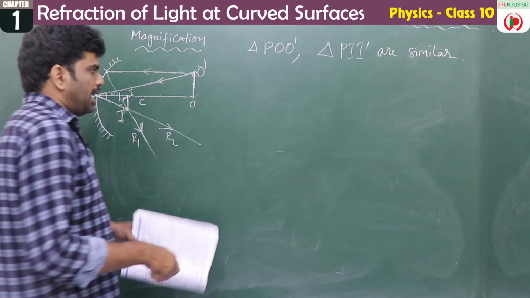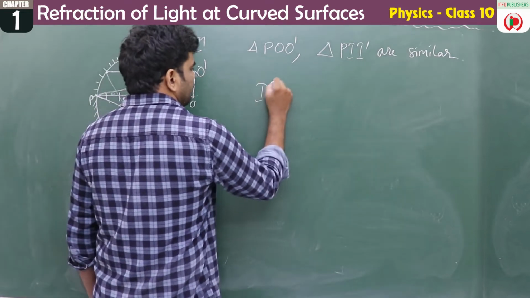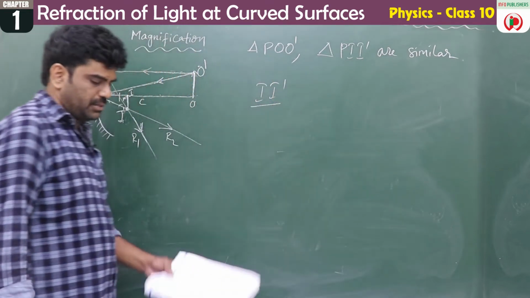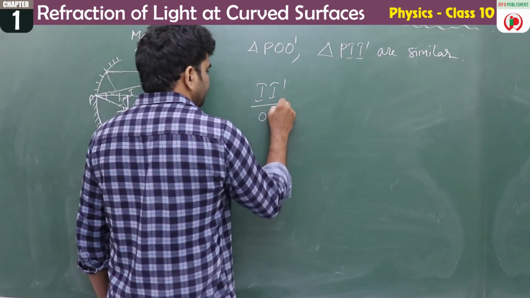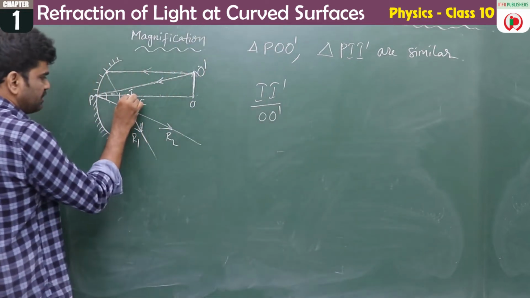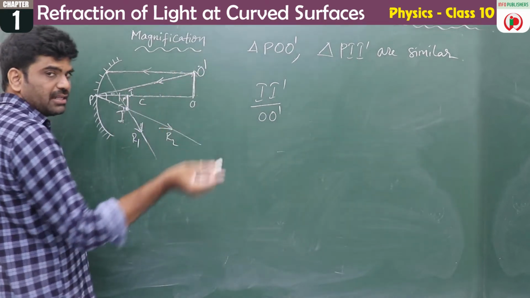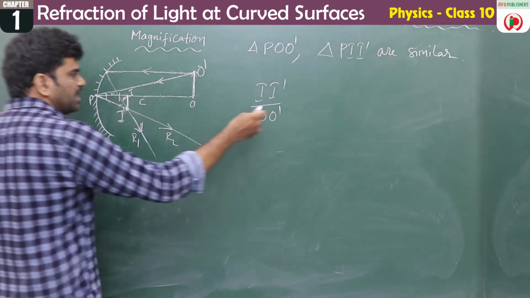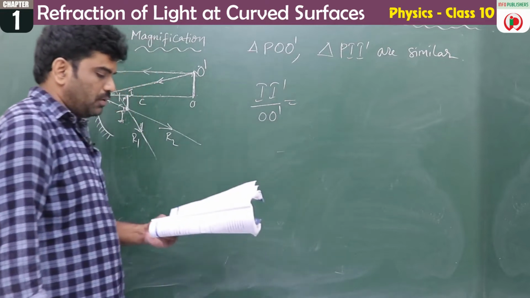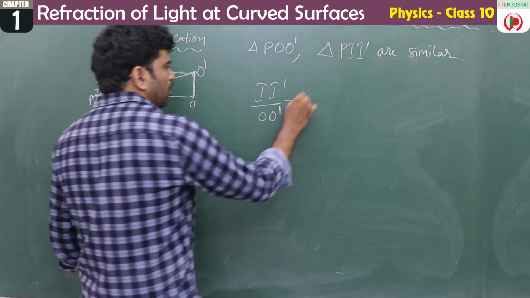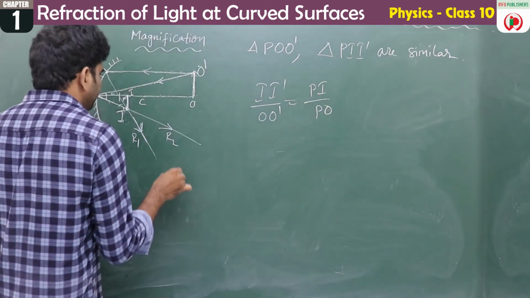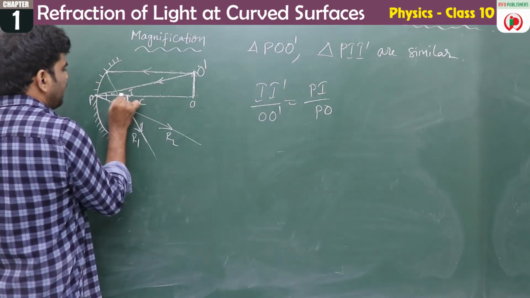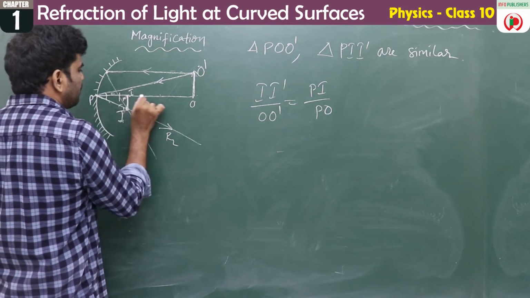So II dash by O dash, as you have seen in the previous case also, this one by this is equal to PI by PO, this total one.